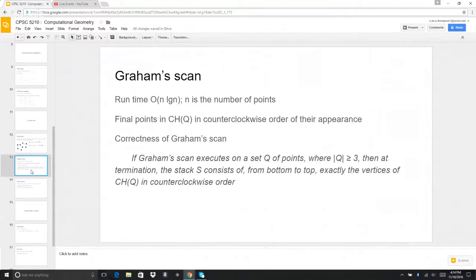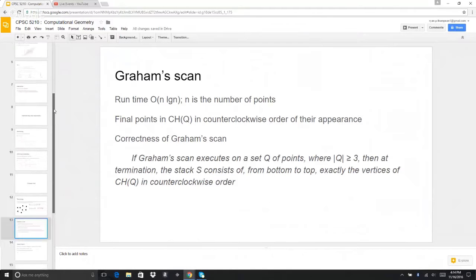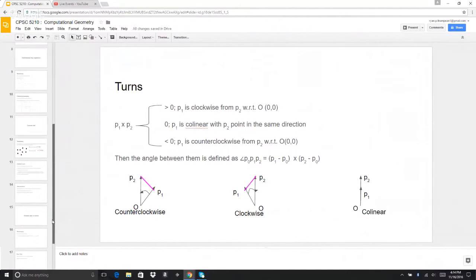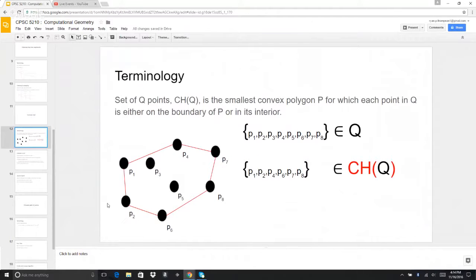The final points in the convex hull are in order of counterclockwise appearance. So going back to review counterclockwise, once you have a point and you extend out from your line segment, you're looking at the cross product to determine if it's less than 0. If it's less than 0, then you can evaluate that point and move on.